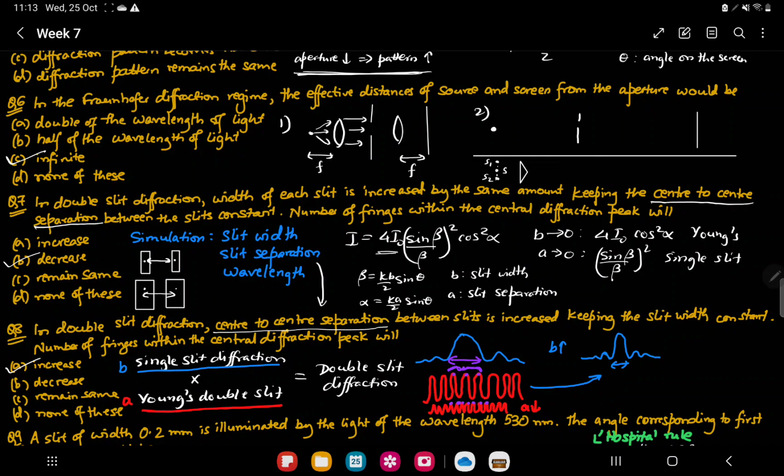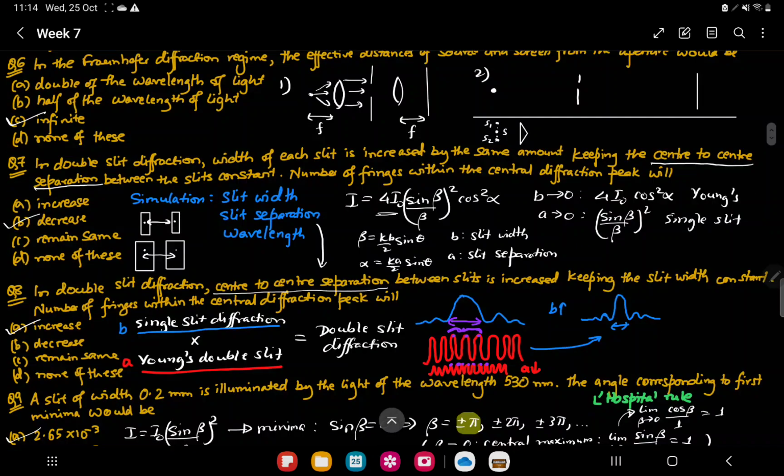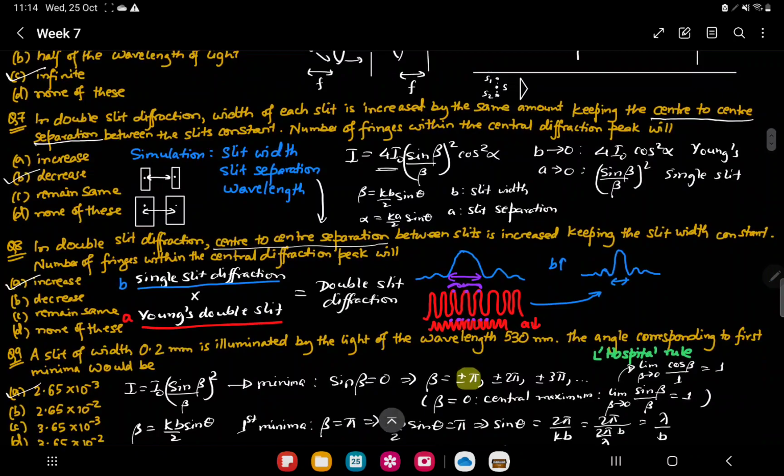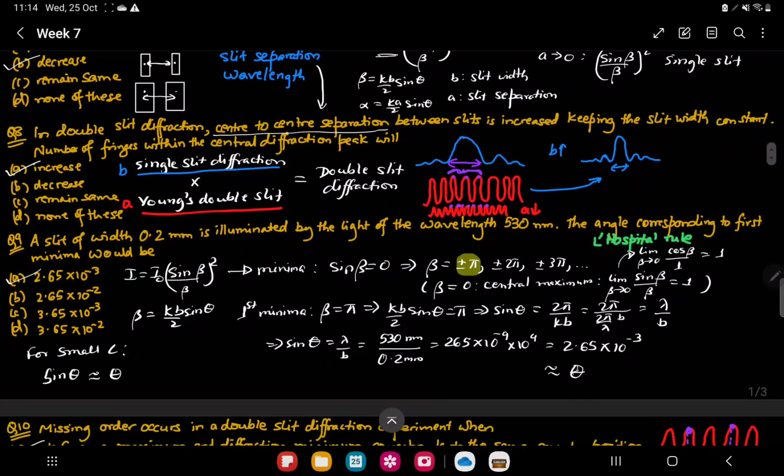So sine beta over beta squared is the single slit diffraction part and cos squared alpha is the Young's double slit interference part. Beta is kb by 2 sine theta, where b is the slit width, and alpha is ka sine theta by 2, where a is the slit separation.